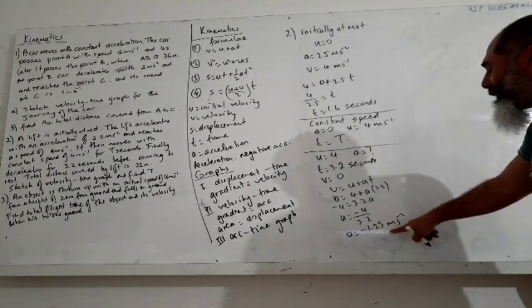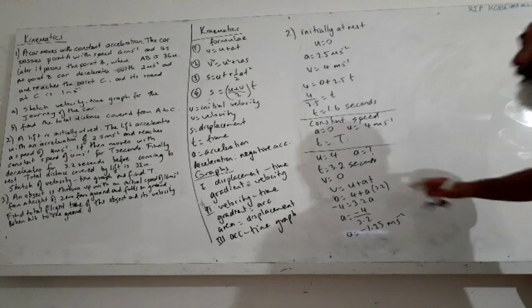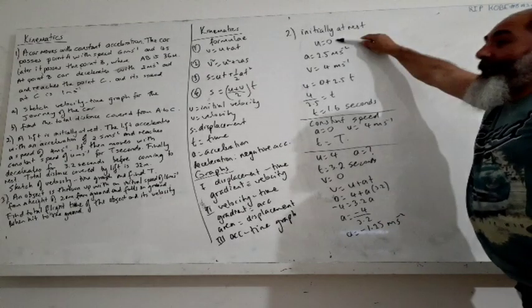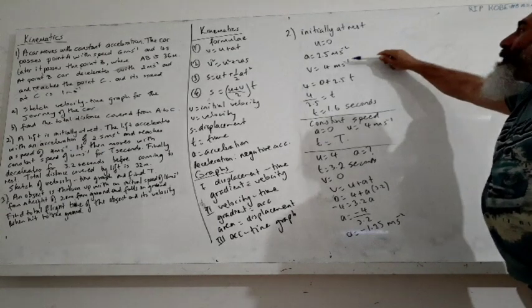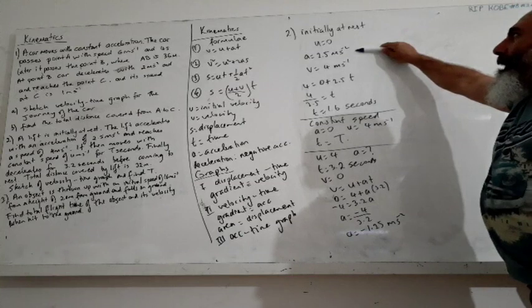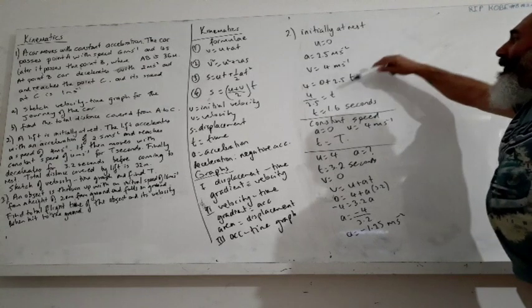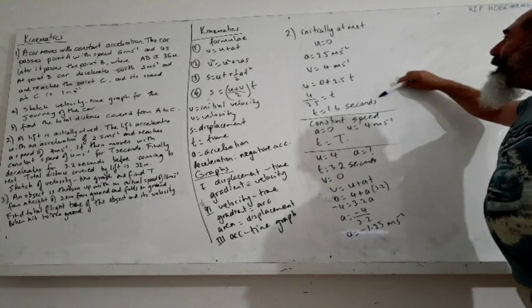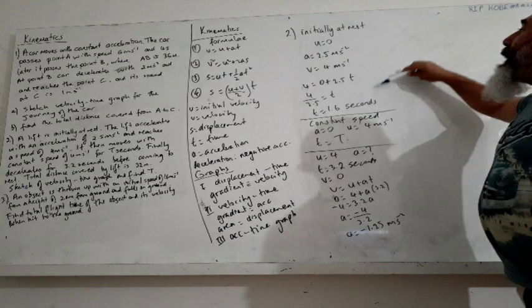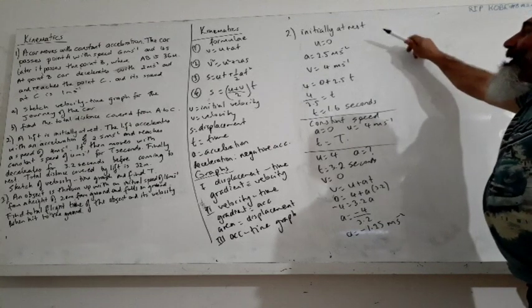Here, again, it was at rest, u was 0, and reached a velocity of 4 meters per second with an acceleration of 2.5 meters per second squared. So it took the lift 1.6 seconds to reach a speed of 4 from 0. That is the first part of the journey.